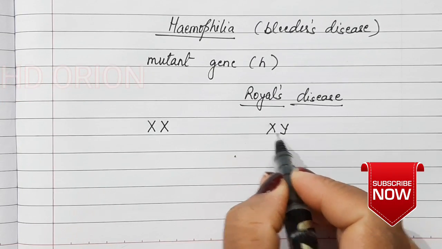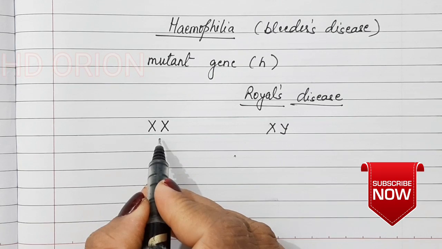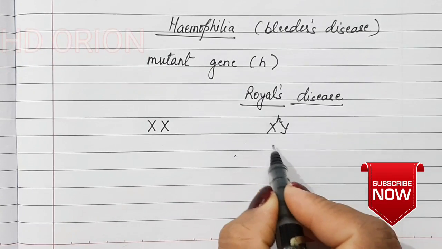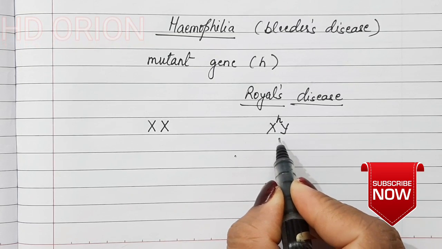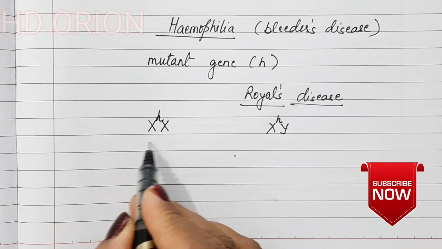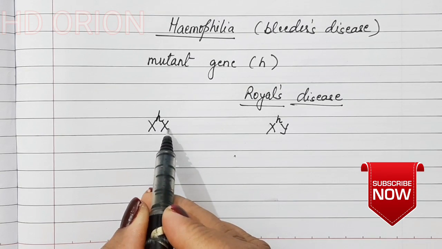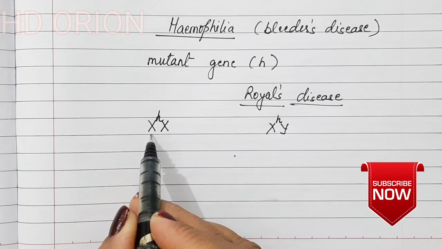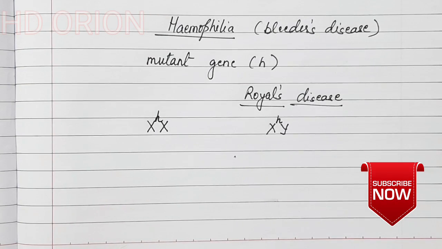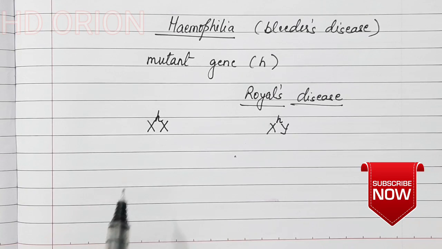So this is heterogametic and this is a homogametic condition. If a male inherits the hemophilia allele, he is hemophilic, but if a female inherits it, she will be called a carrier because the normal X chromosome will mask the effect. It is very similar to what we studied in color blindness. So let us see one example in this hemophilia disease.